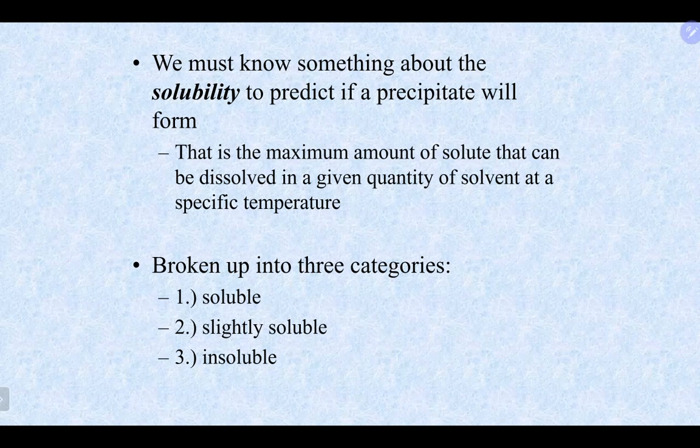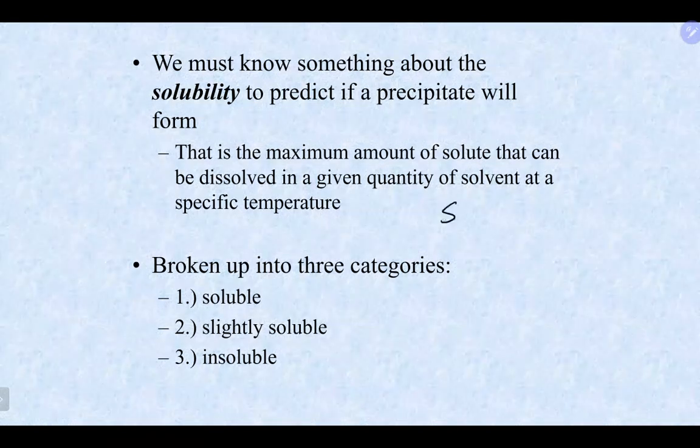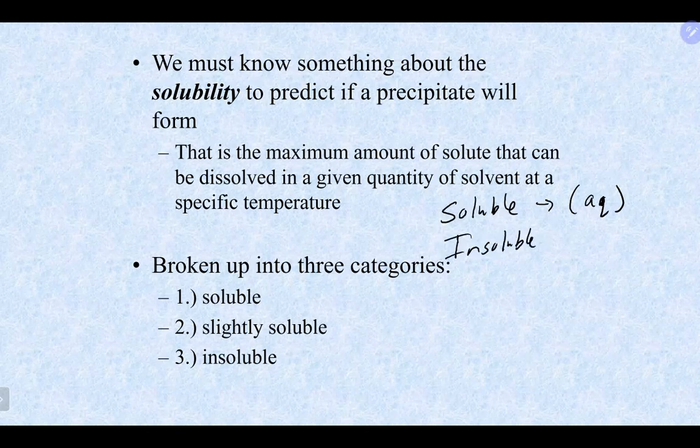If something is determined to be soluble, in terms of how we label the formula, it gets the aqueous symbol, the AQ symbol next to it. If something is determined to be insoluble, it's really not going to mix.